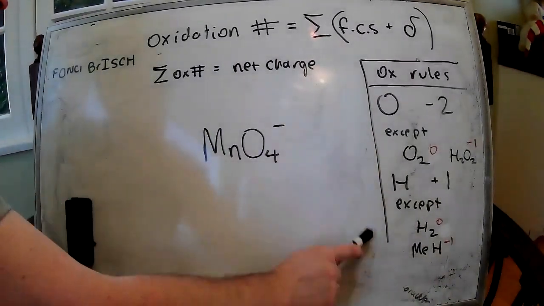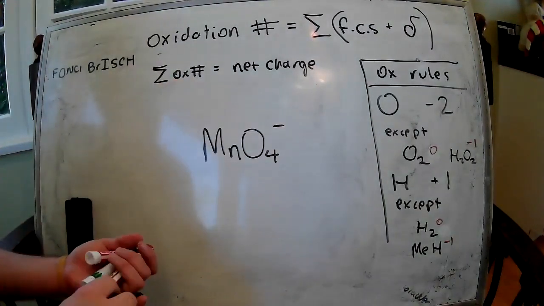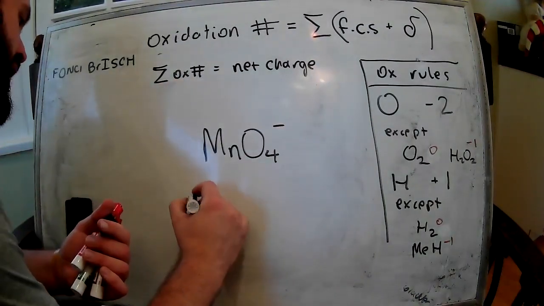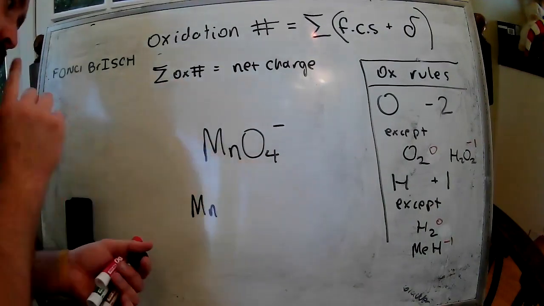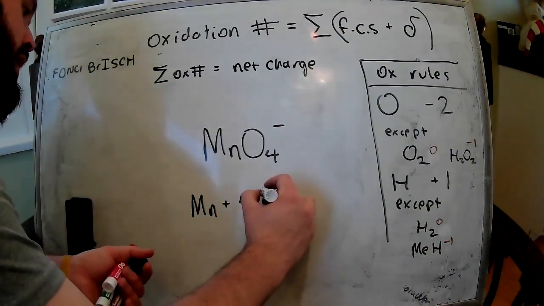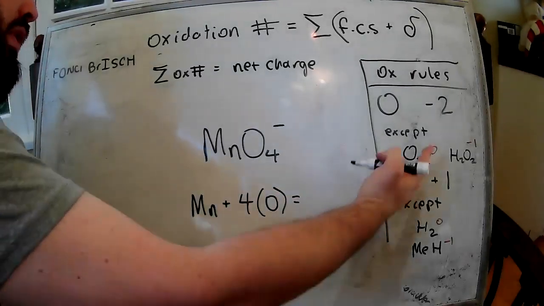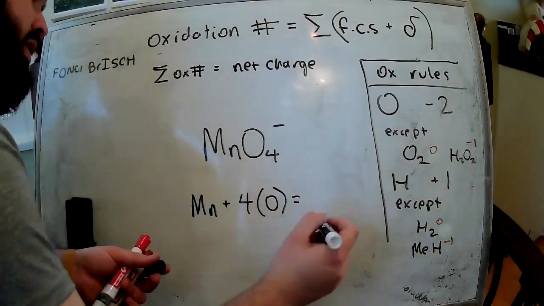So instead, we're going to use our little cheat sheet here and our formula right here to say that manganese's oxidation number, whatever it may be, plus 4 times oxygen's oxidation number, which should be -2 because we're not in any of our exceptions.